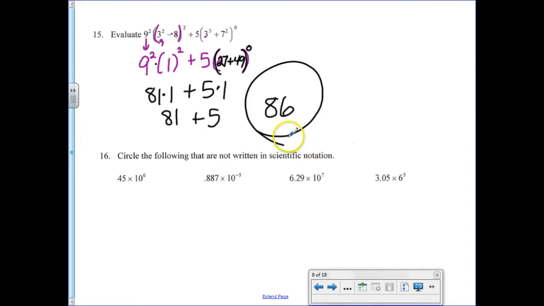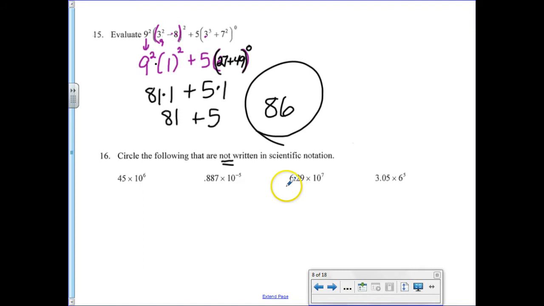Awesome. All right, last but not least on this page, the instructions say circle the following that are not written in scientific notation. Now here's the deal. In scientific notation, the first number has to have its decimal point right after the first digit. Okay?